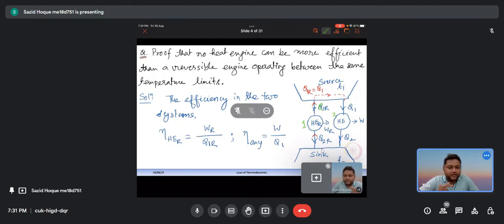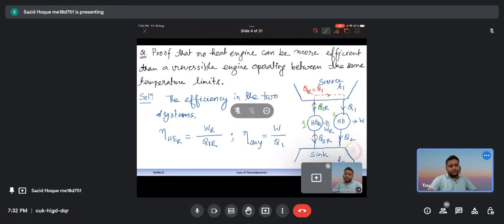Once it is reversible, we can think about this heat engine as a heat pump. So what does a heat pump do? A heat pump does the opposite. In the opposite sense, we can say that this heat pump is taking some energy from this sink at temperature T2, and it is supplying this energy Q1R to the source.